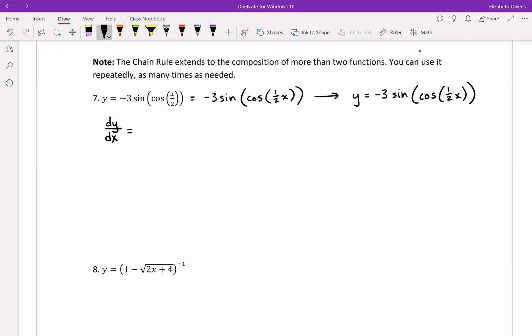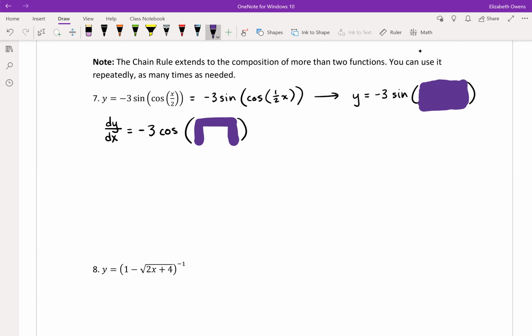For our first cover up, we're going to just cover up the inside function so that there's an outside and an inside. The outside is -3 sine of the inside function, so the part I'm going to cover up is cosine of 1/2 x. Then we take the derivative of -3 sine of the purple rectangle.